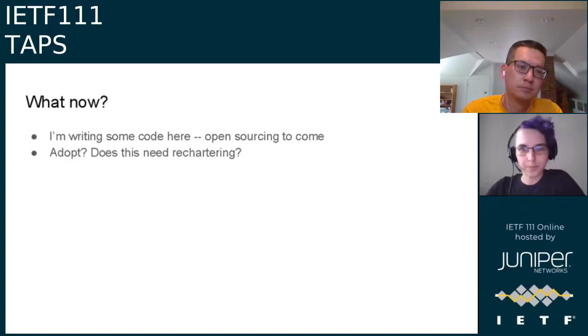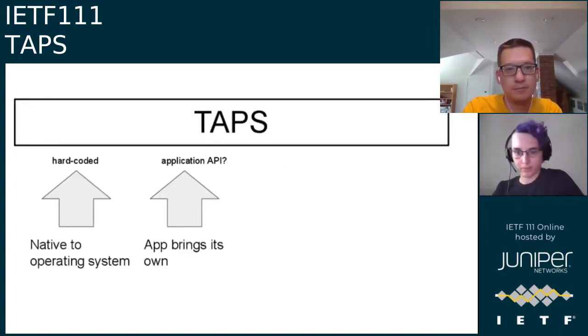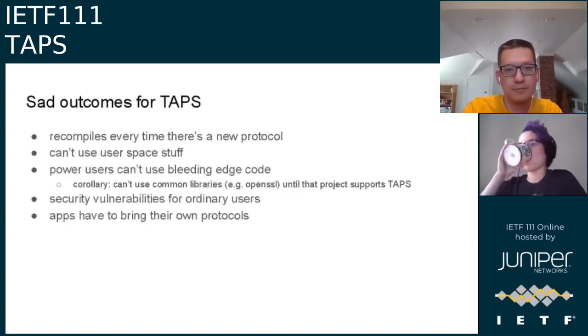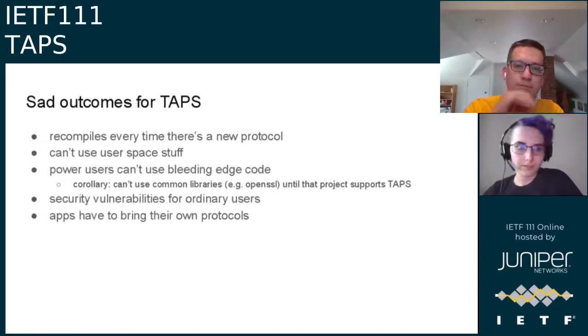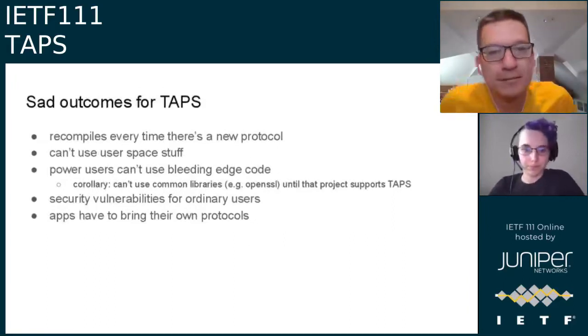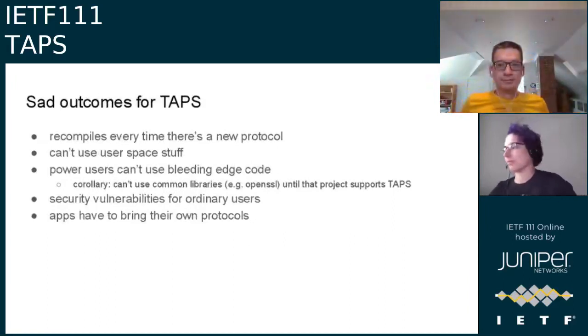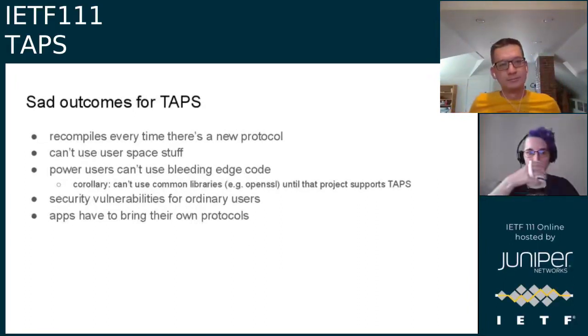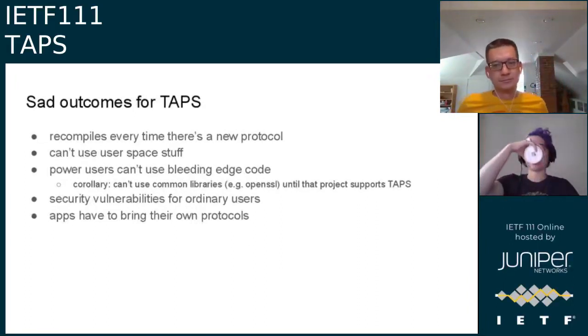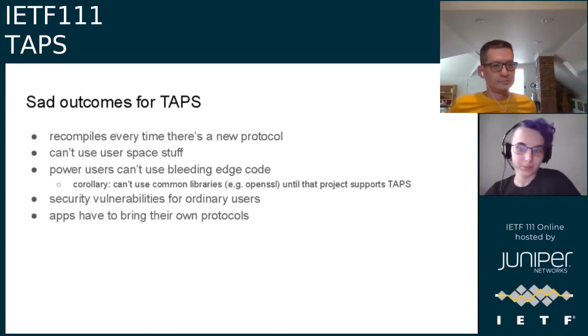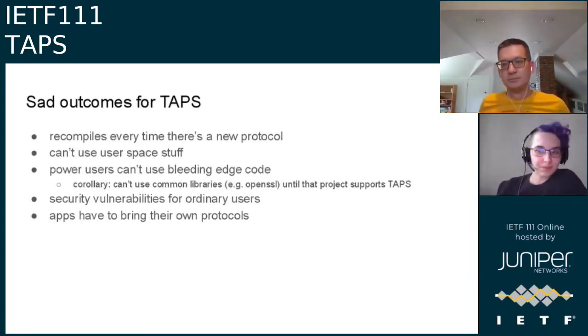So, Martin, you had a slide earlier on the sad outcomes of what could go on there, and one of those is recompiling every time there's a new protocol. If the TAPS implementation is part of the OS, people wouldn't necessarily need to recompile to get new functionality.